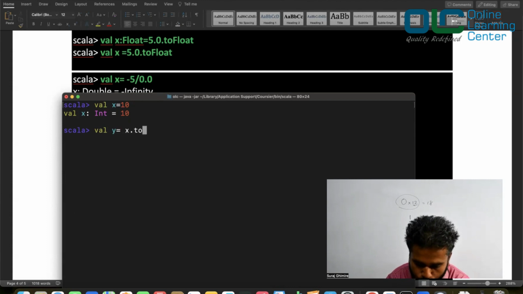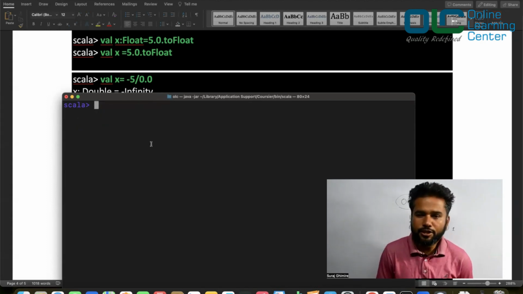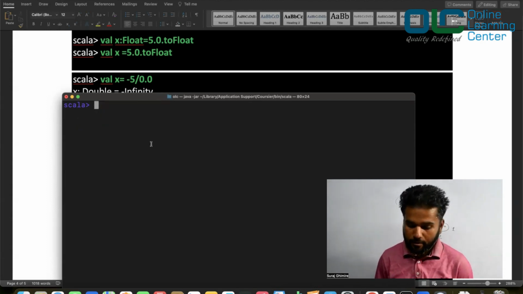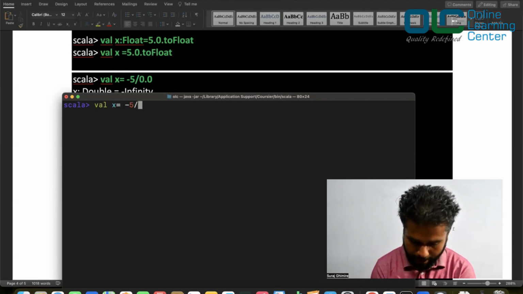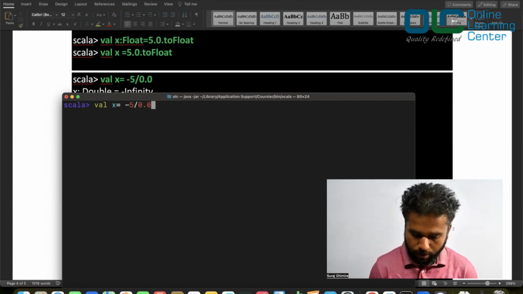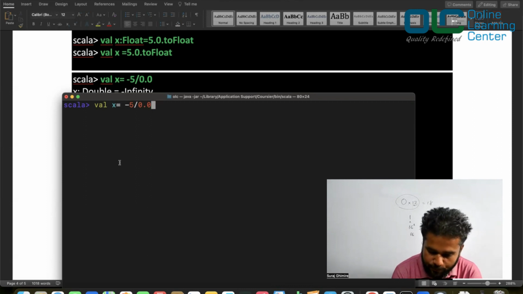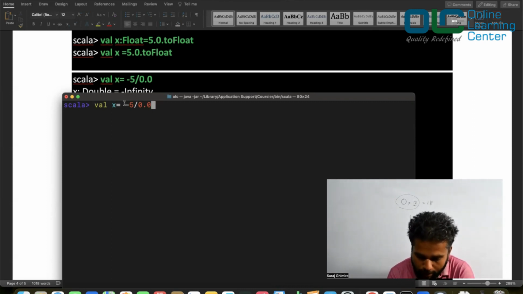Now one thing that you need to understand is, if you divide an integer by 0, it gives you an error. But that's not the case with float and double. Let's check this out. I'll say, well, x is equal to minus 5 by 0.0. Now, if you look into this expression, what is the data type of minus 5?